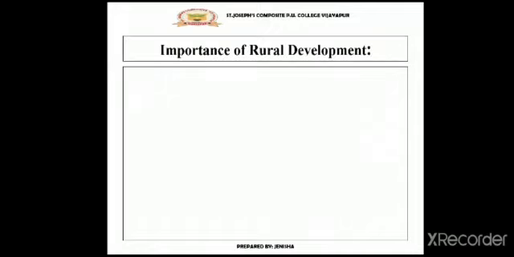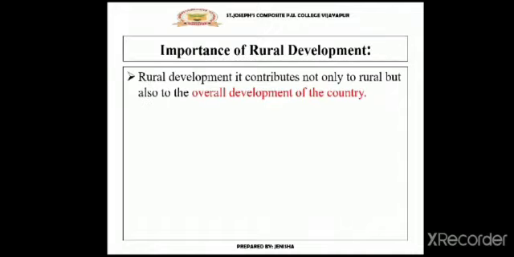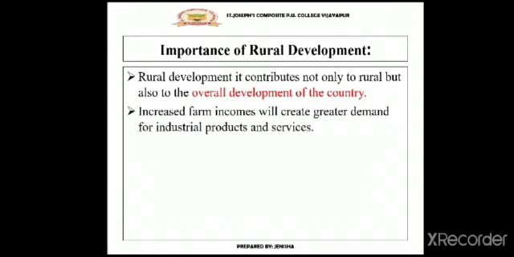Next, we'll discuss the importance of rural development. First, rural development contributes not only to rural areas but also to the overall development of the country. Second, increased farm incomes, because the main occupation of rural areas is farming, that is agriculture.